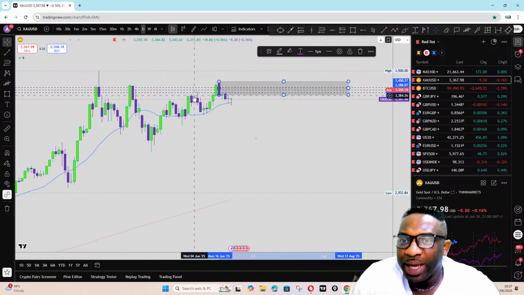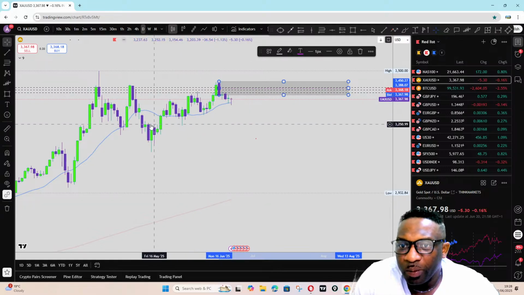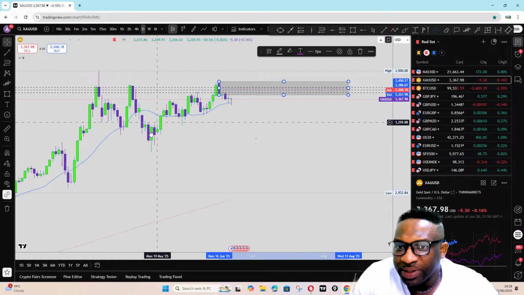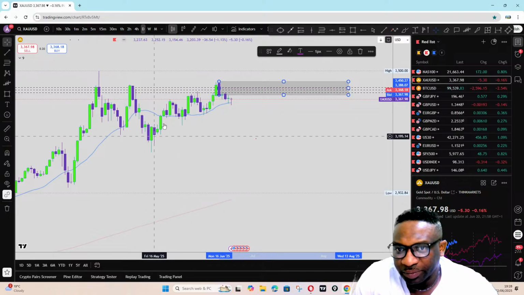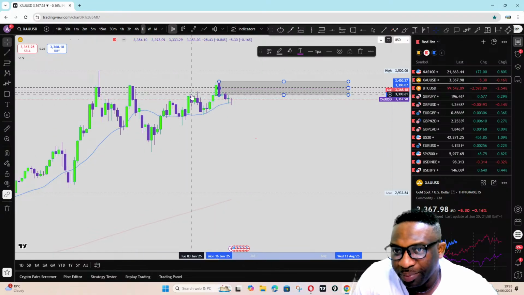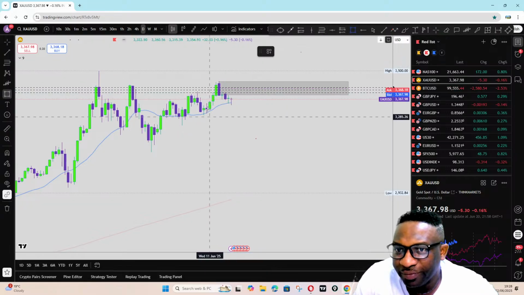So we had a break here. This move began from here, making higher highs on this area. So we had a break of structure here. So the break of structure, the origin, we can mark it to be from here, this last candle here.